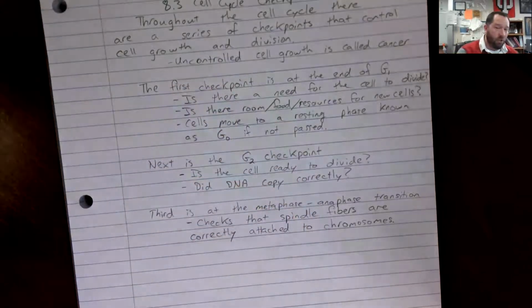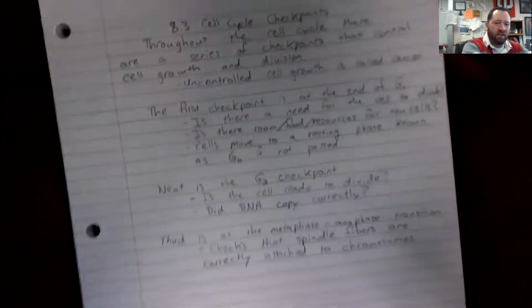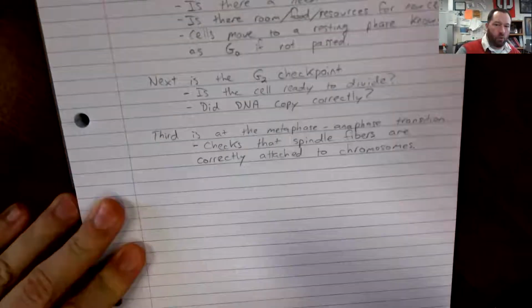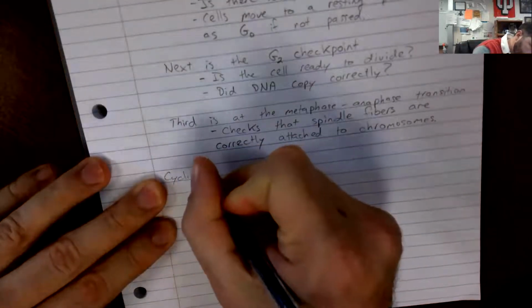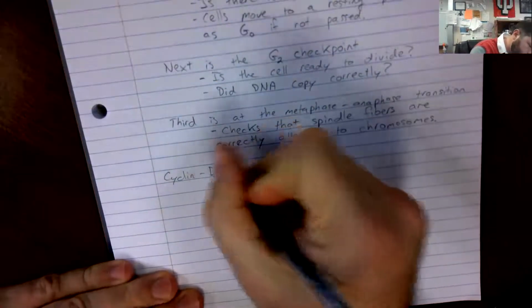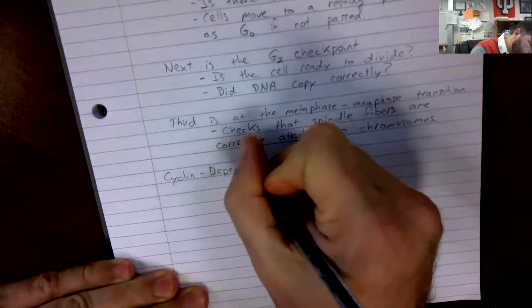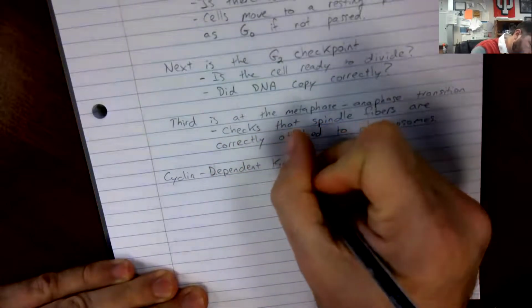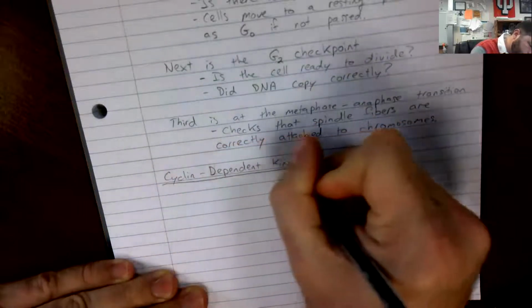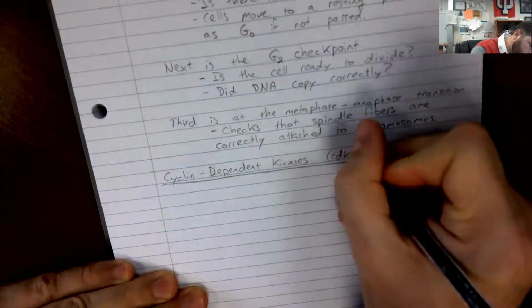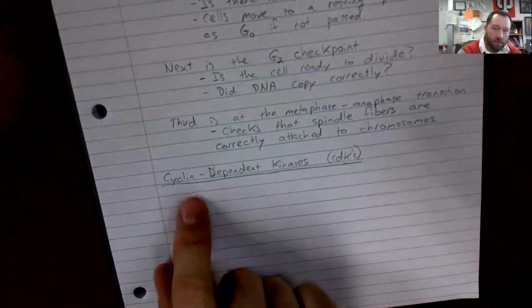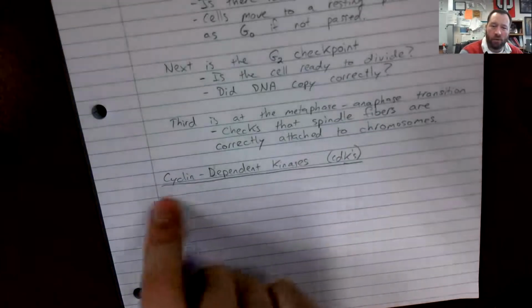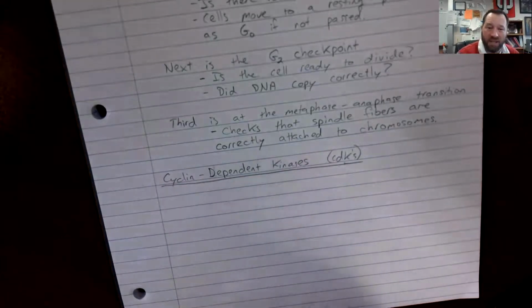Those are the three big checkpoints we're going to talk about. Let's spend a minute here talking about how those checkpoints are regulated. These checkpoints are regulated by a couple of proteins known as cyclin-dependent kinases.